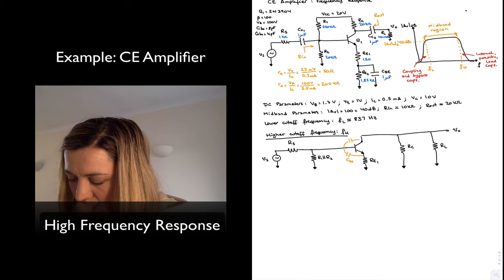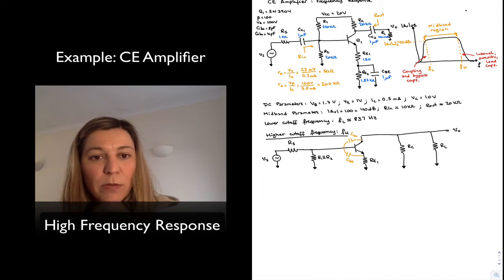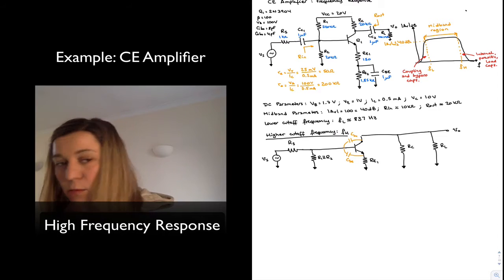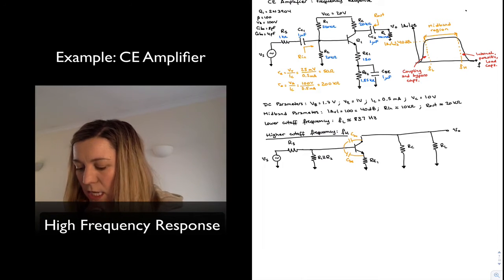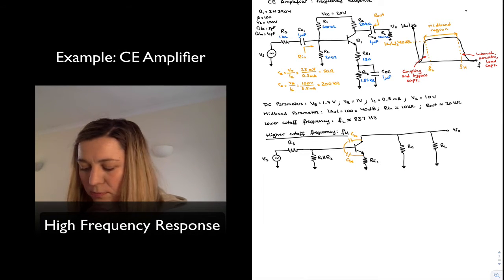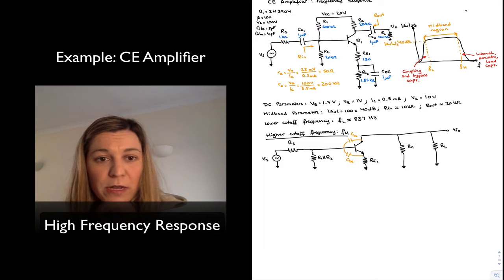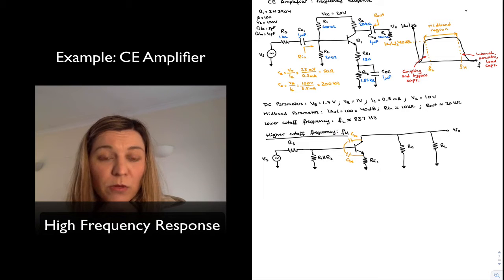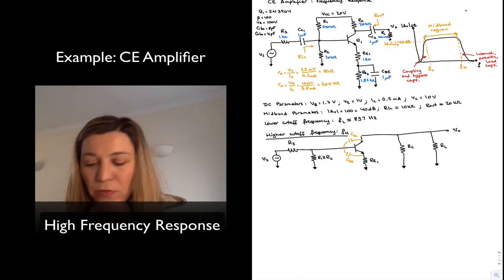Or if you look at the datasheet, they will appear as input capacitance Cibo and output capacitance Cobo. That's what I've labeled them up there. And they're also sometimes referred to as C-mu and C-pi. C-pi will be the one connected to the emitter, and C-mu will be the one connected to the collector.